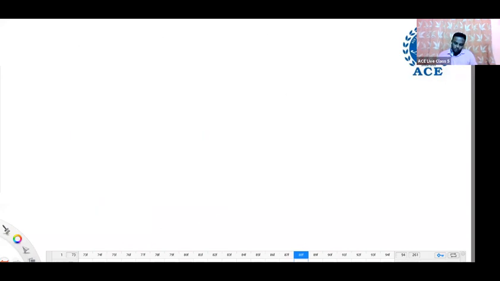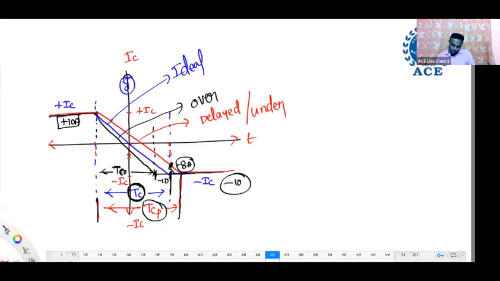Reasons for delayed commutation. TCP means time of commutation practically. Compared to time of commutation TC, practically more time is taken.